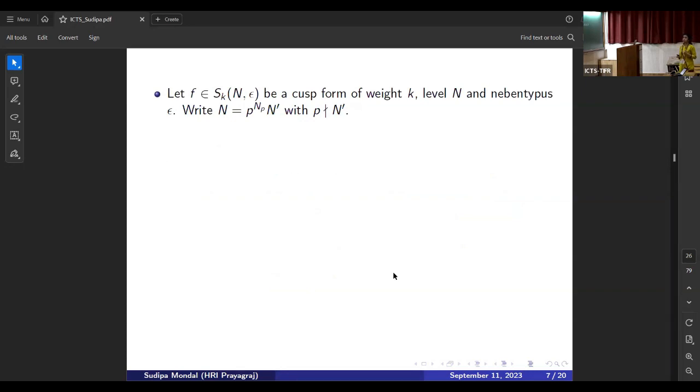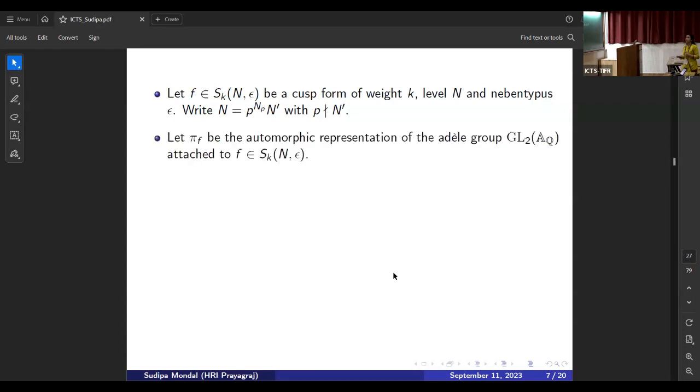So next, start with a modular form, a cusp form of weight k, level N, and nebentype epsilon. Write N as p power n_p times N prime, such that p and N prime are relatively prime. Let pi_f be the attached automorphic representation.